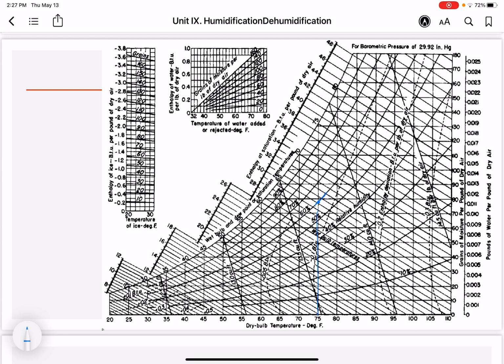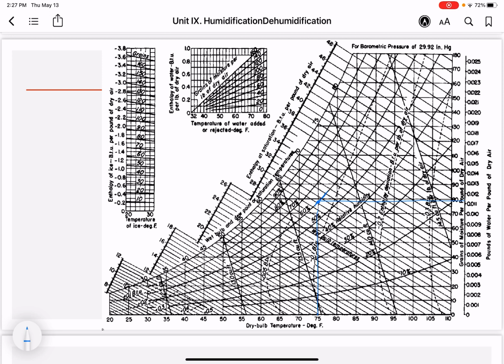If I want to get the saturation humidity, it's so near this point. So, this is 50, this is 60, 75 degrees F. Okay, if you project it here, this is it.